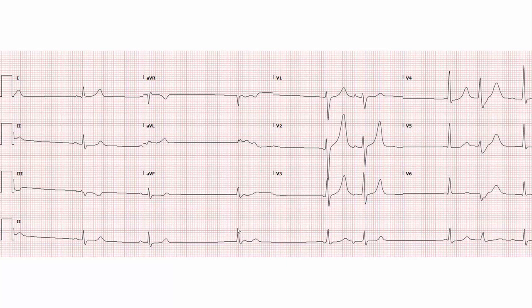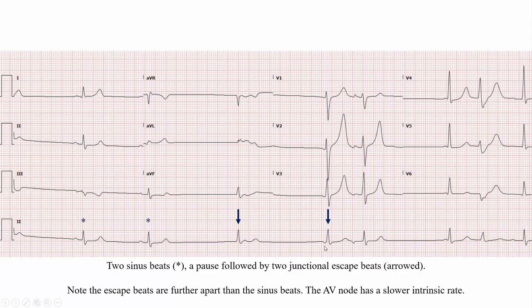But this is a normal QRS complex, so this is a junctional beat. Again, normal QRS complex. This is probably an inverted P wave just before the QRS complex, so we've got 2 junctional beats. And as you can see by the large pause between these two, the AV node has a slower intrinsic rate than the sinus beats do.